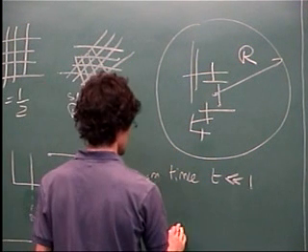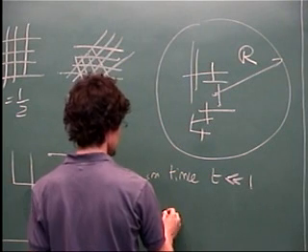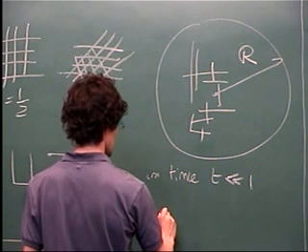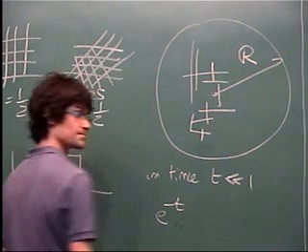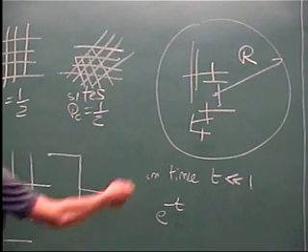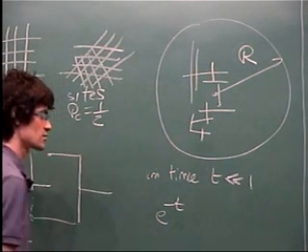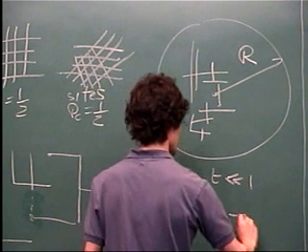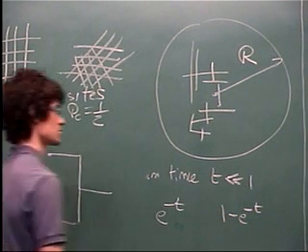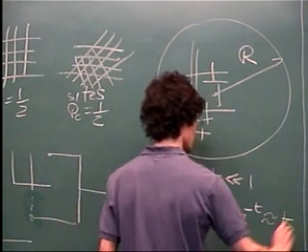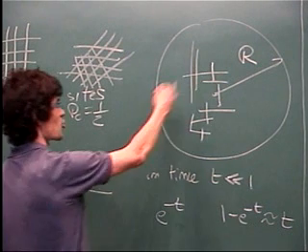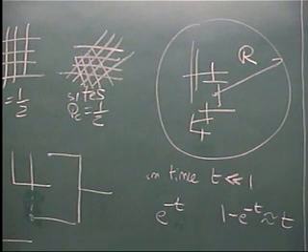So in a time t, you will not change anything with probability exponential minus t. Right, so bonds will be updated with probability 1 minus exponential minus t, which will be roughly t for t small. So in time t, you will have a proportion t of the edges which might change.